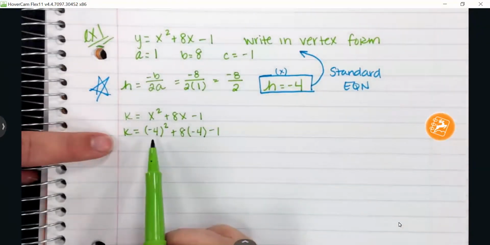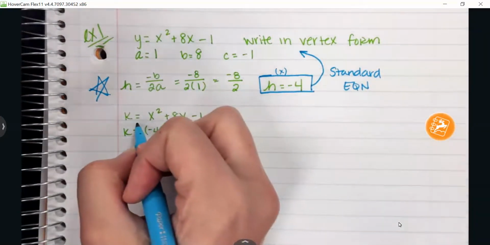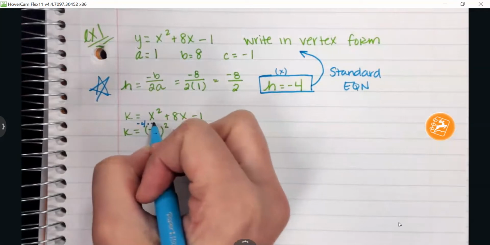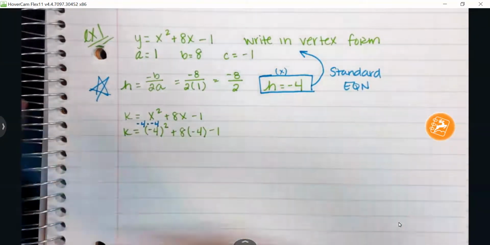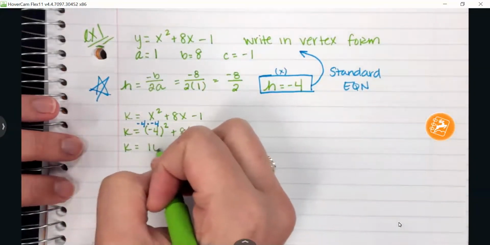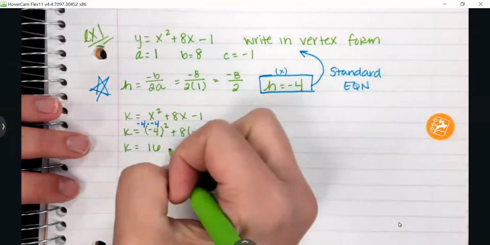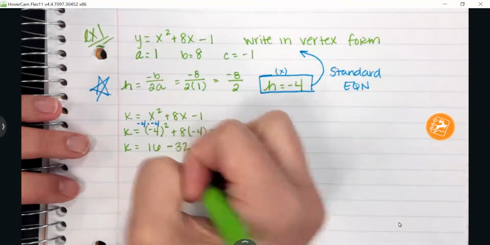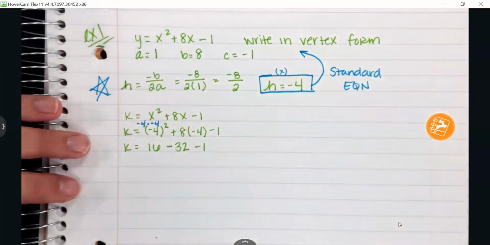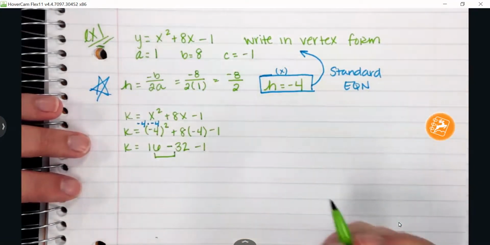Y'all, what does negative 4 squared mean? Negative 4 times negative 4. If you don't know that, write it down. So what is negative 4 times negative 4? Positive 16. What is positive 8 times negative 4? Negative 32 minus 1. What is 16 minus 32?